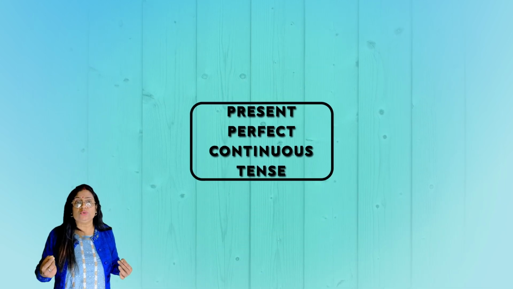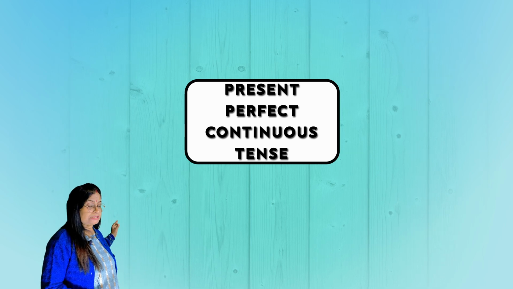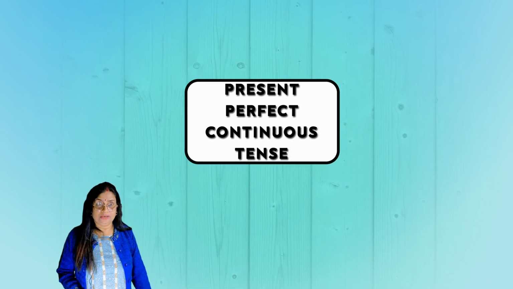Now, students, we come to the last part of your present tenses, that is present perfect continuous tense. Present perfect continuous tense means the work which has started and is still continuing. Okay.